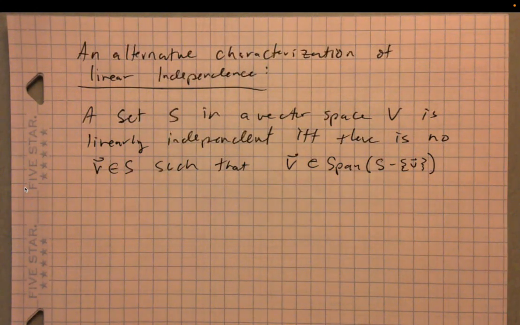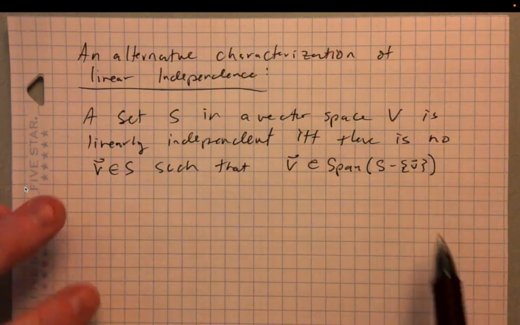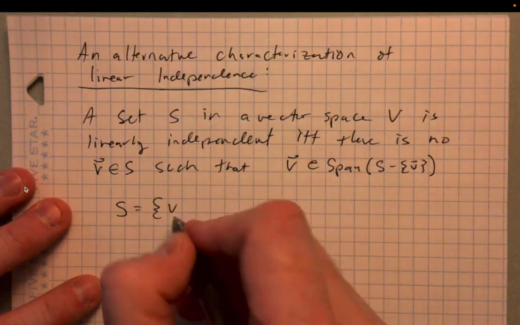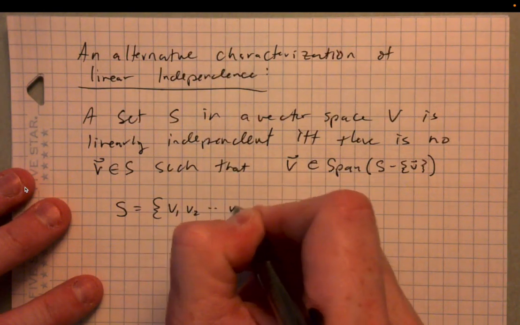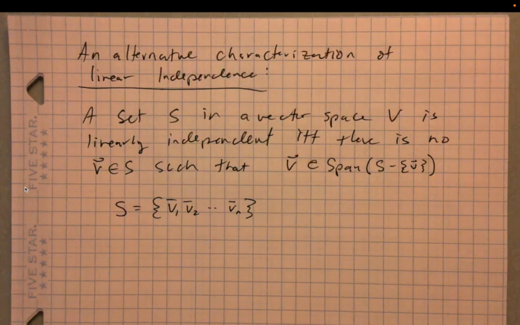First of all, what is this notation here? What the heck is span of S minus V? Well, S is maybe the set of vectors V1, V2 through Vn. So it's a set of vectors.